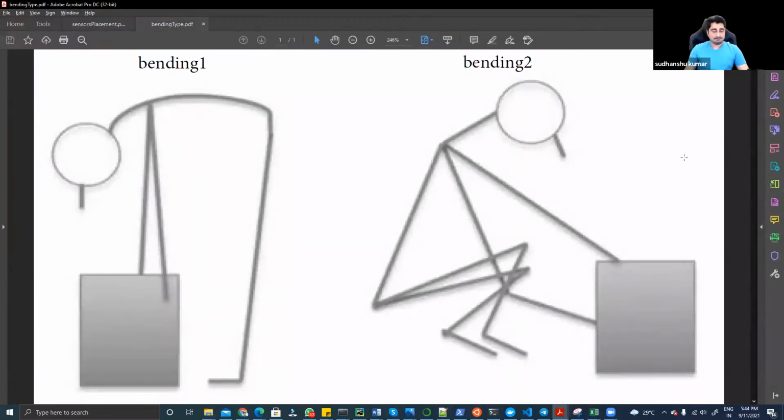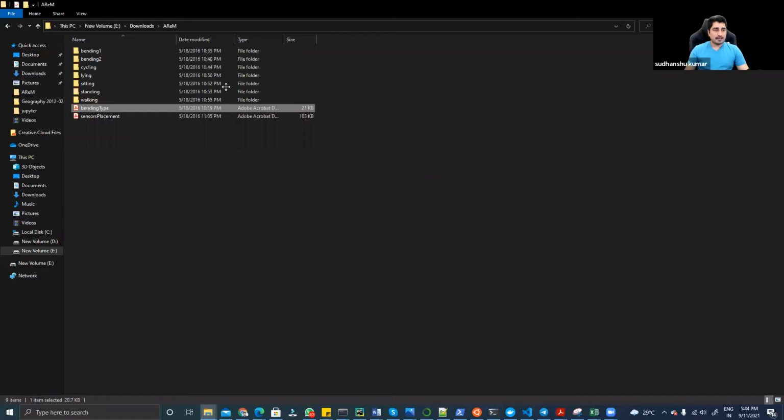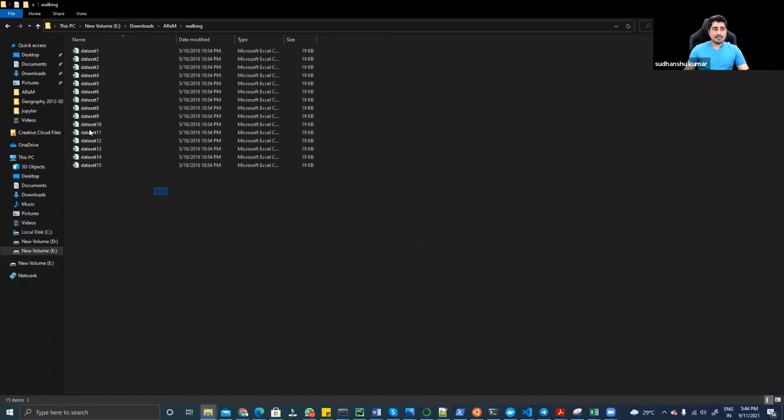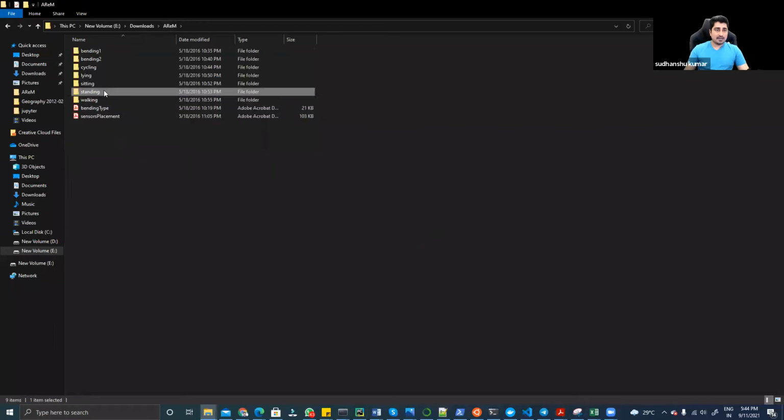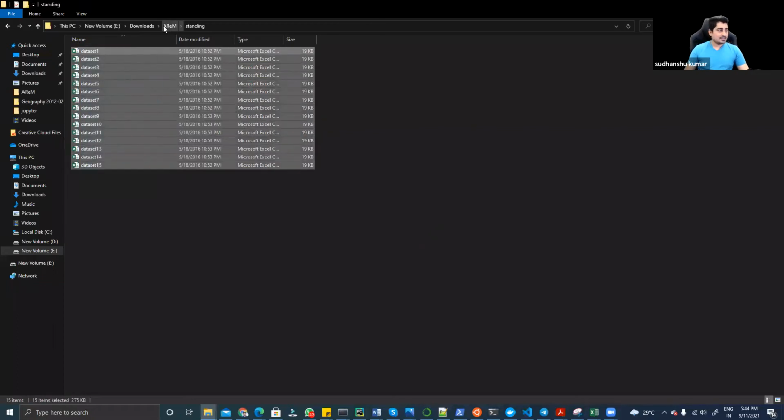Now, people have captured this data set for different positions, right? For 1, 2, 3, 4, 5, 6, 7, seven different positions of a human being. So people have captured different kinds of records. Now, if I click on walking, inside walking there are multiple data sets available. If I click on standing, again, multiple data sets are available.